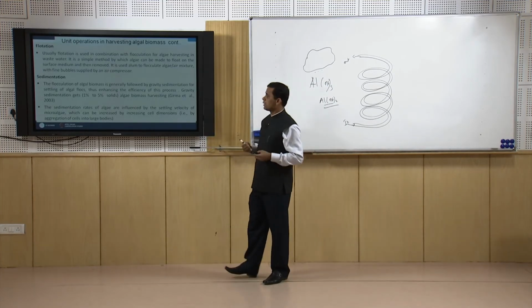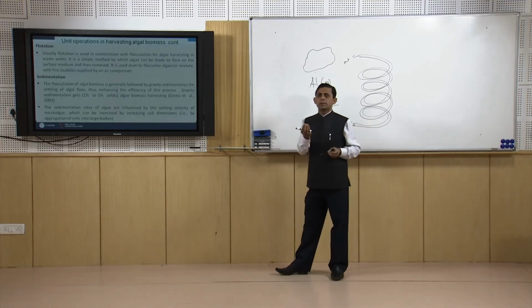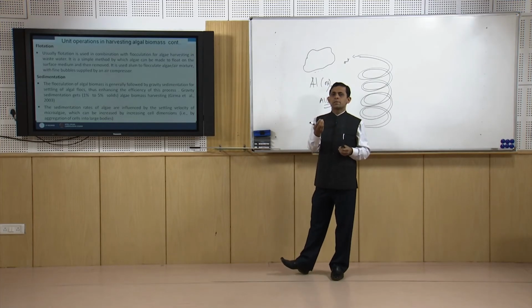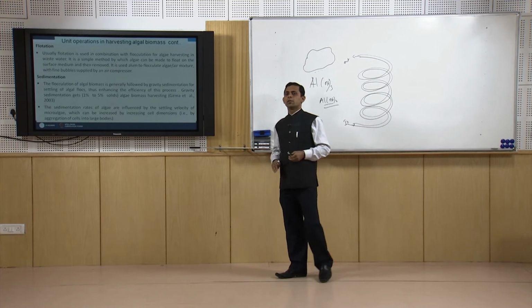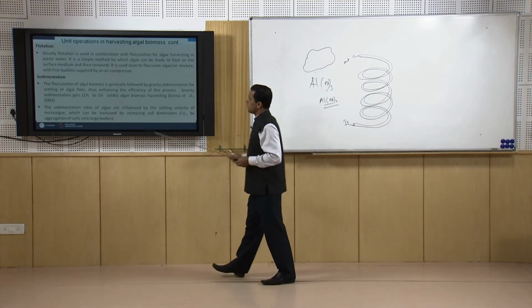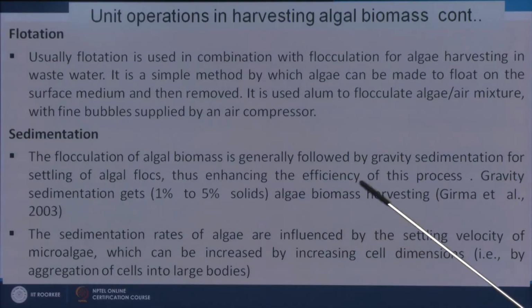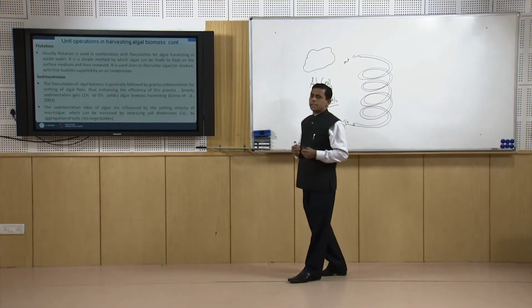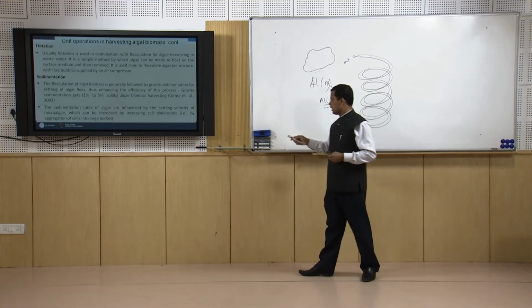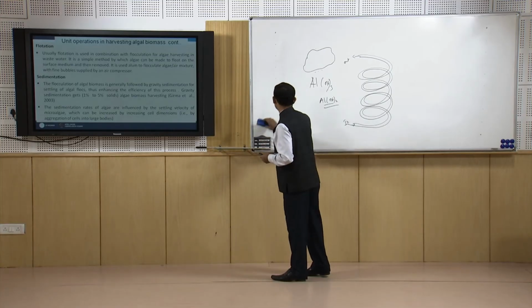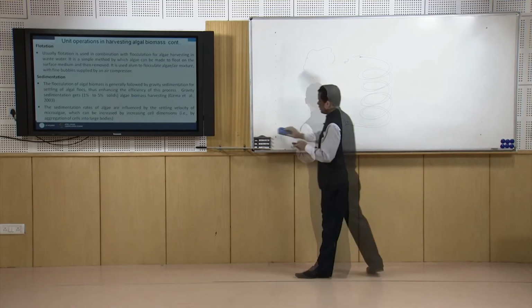So, that is called flotation, and sometimes if the size of the particles after agglomeration is bigger, those can be settled also. So, in that case we will get sedimentation. Sedimentation enhances the efficiency of the process, but through this gravity sedimentation we can get 1 to 5% solids in the settled biomass, and the sedimentation rate depends upon the size of the particles which are generated after the agglomeration.